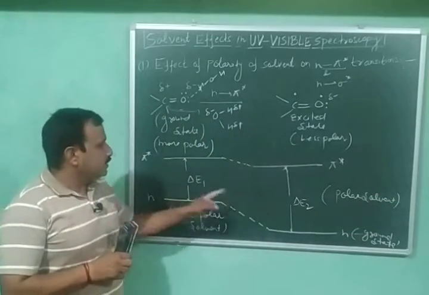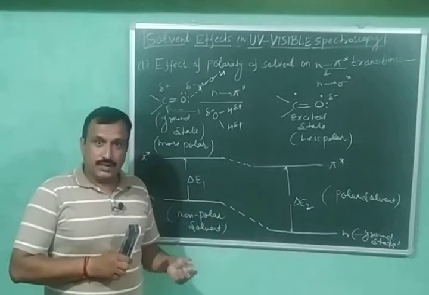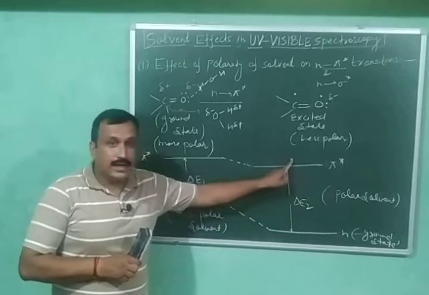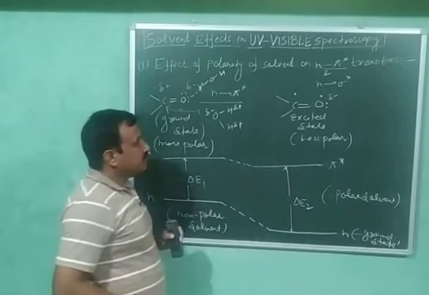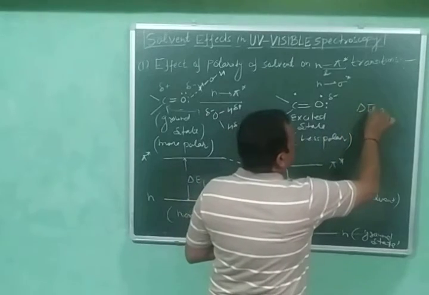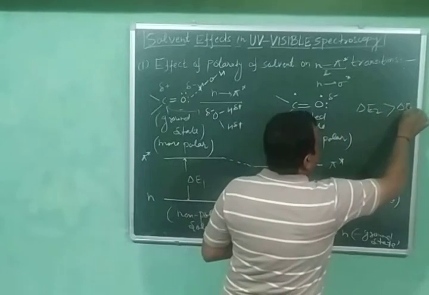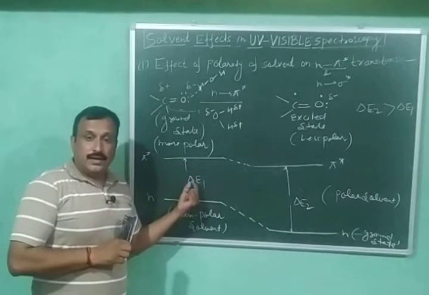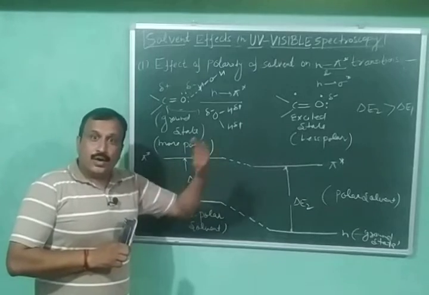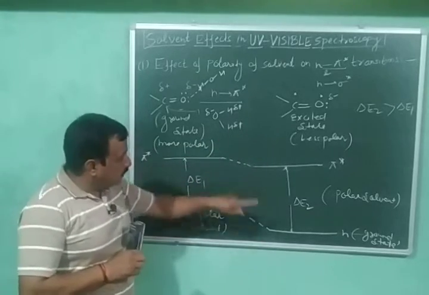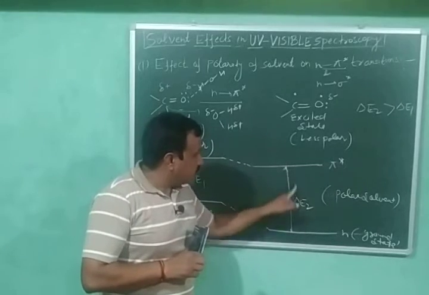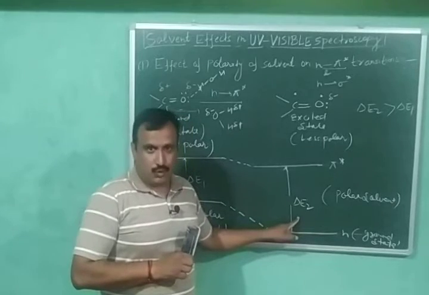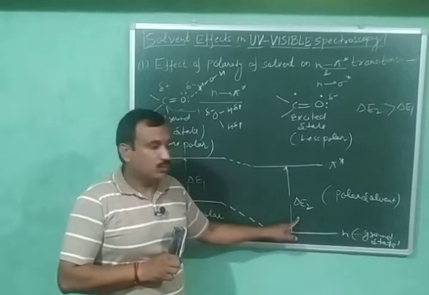You can clearly see that in the polar solvent, due to these interactions, the energy difference between the ground state and the excited state has increased. That is, delta E2 is greater than delta E1. So delta E1 is less, and as I explained, with less energy a longer wavelength will be absorbed. But in polar solvent, a large amount of energy will be required for the excitation, so a shorter wavelength will be absorbed because energy is inversely proportional to wavelength.